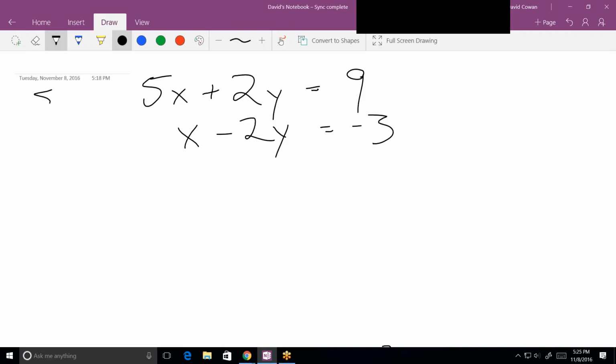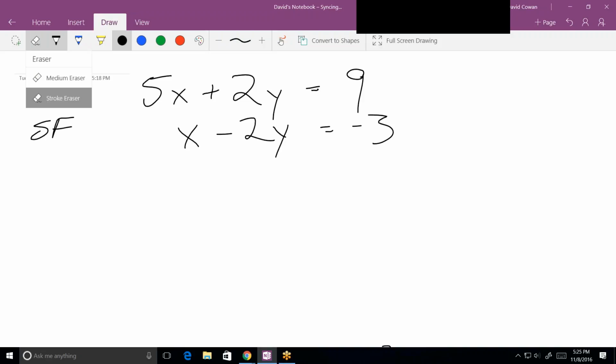What makes that standard format is I have the x's and y's on the left side of the equation, the number on the right, in both equations. So when you're in standard format, always consider elimination because it works so much better than substitution. Substitution's a pain in the butt when you discover elimination.